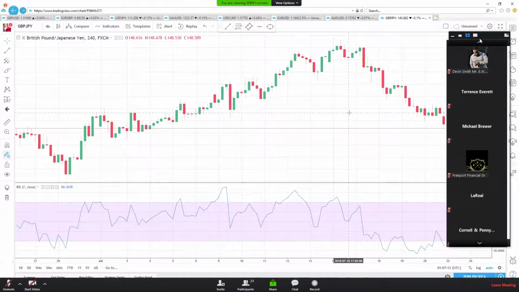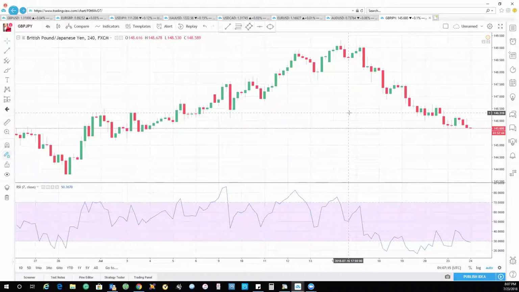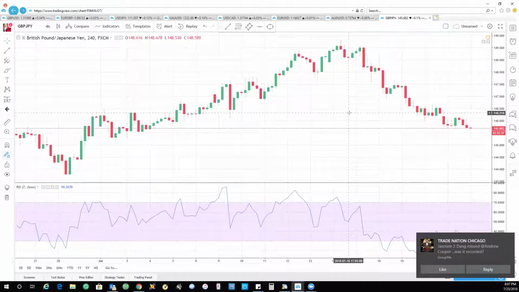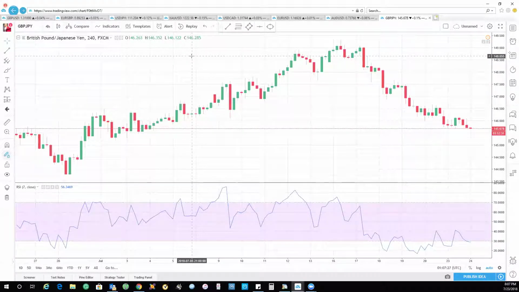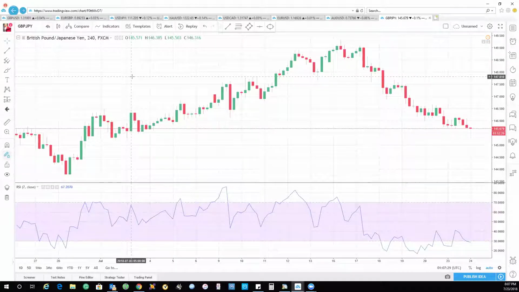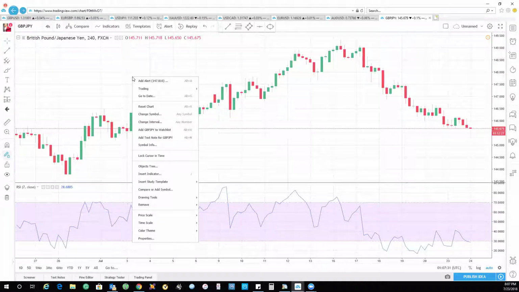Now, does everybody have TradingView accessible? Yes. Okay, cool. I'm not sure if you guys know how to load the charts, but I'll quickly go through this. If you right click anywhere on TradingView and scroll down, you can see properties.